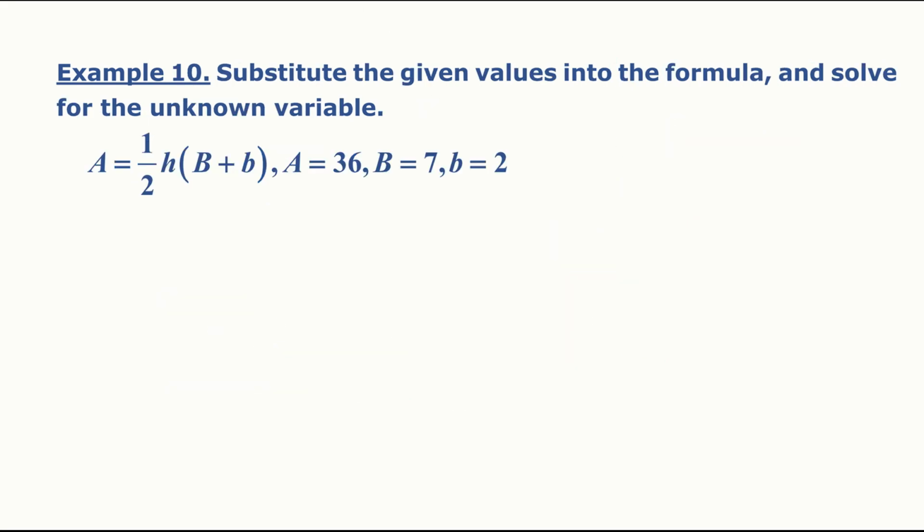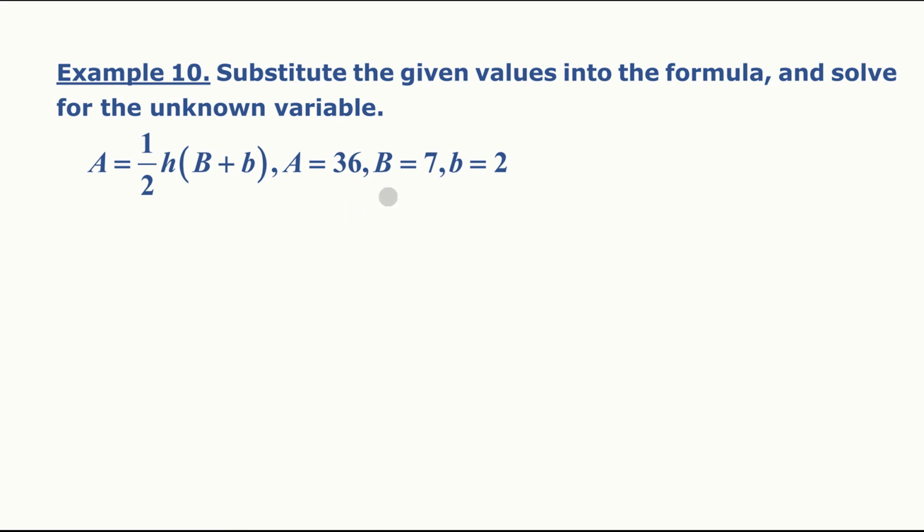So, right, here's an application with regard to a certain kind of equation called a formula, which usually has more than one variable in it. And here we want to substitute these known values. We know A, we know B, capital B, and lowercase b. Be very careful, the case matters in problems like this. And then we want to solve for the unknown variable.